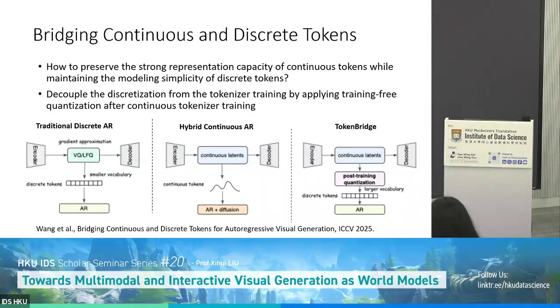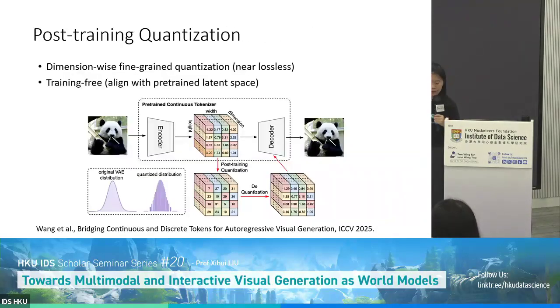Our approach is built upon a continuous tokenizer, but we further discretize this tokenizer into discrete tokens with a post-training quantization approach. In this way, we can get a very large vocabulary after the quantization, and these discrete tokens can achieve very similar performance compared to the continuous tokens.